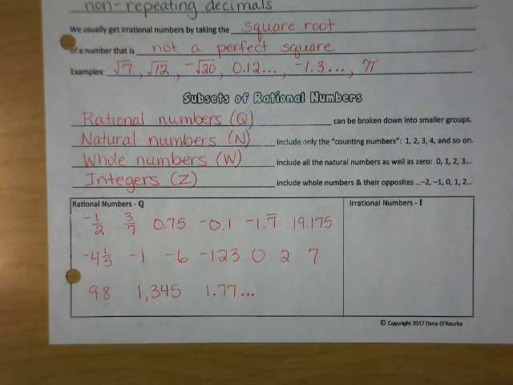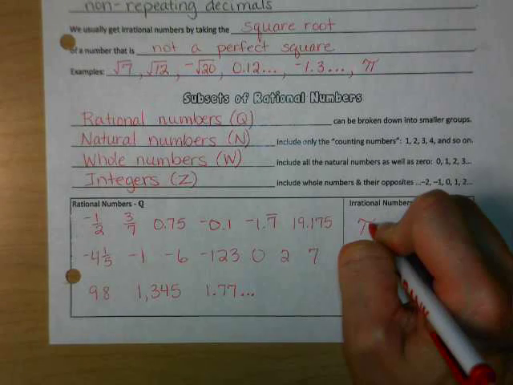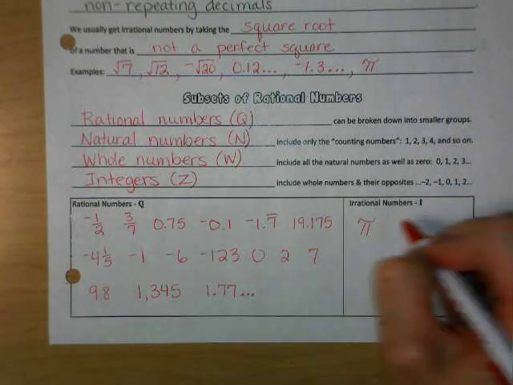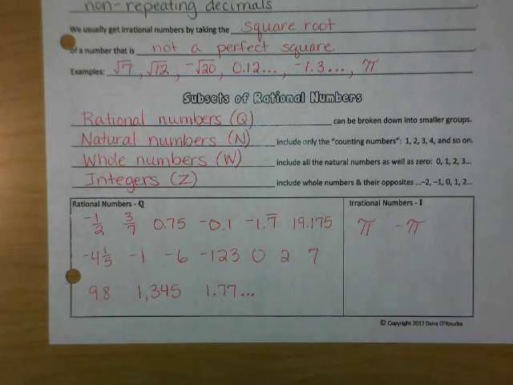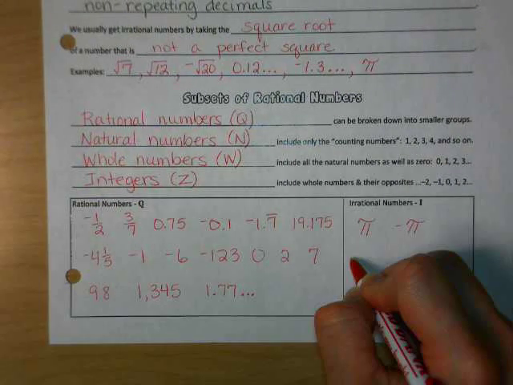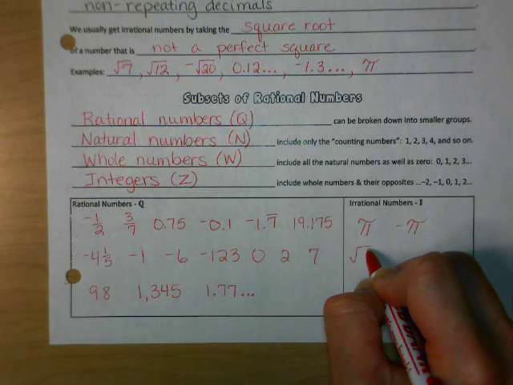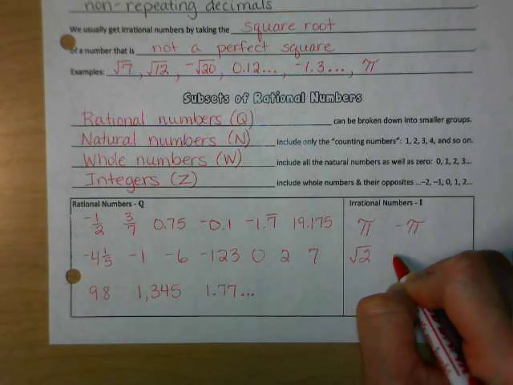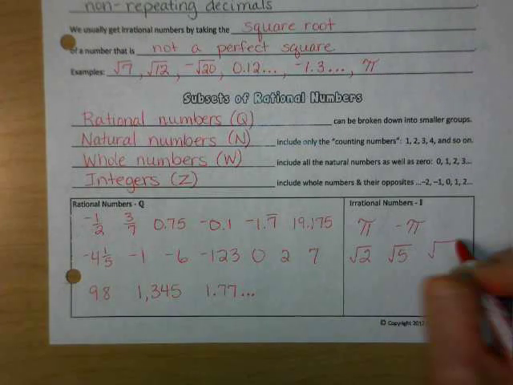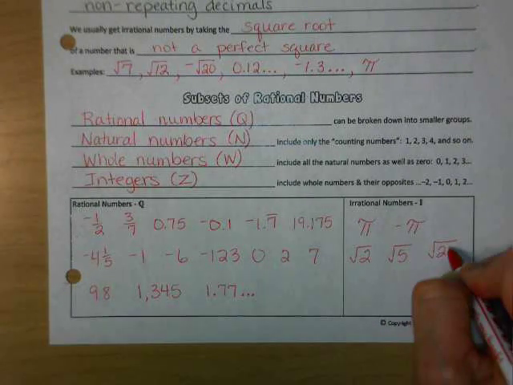All right, what's the most common irrational number I just told you to memorize? Pi. So our first example of an irrational is always going to be pi. You can also have the opposite of pi, or you might say negative pi. Square roots of non-perfect squares, like the square root of 2, the square root of 5, the square root of 23.